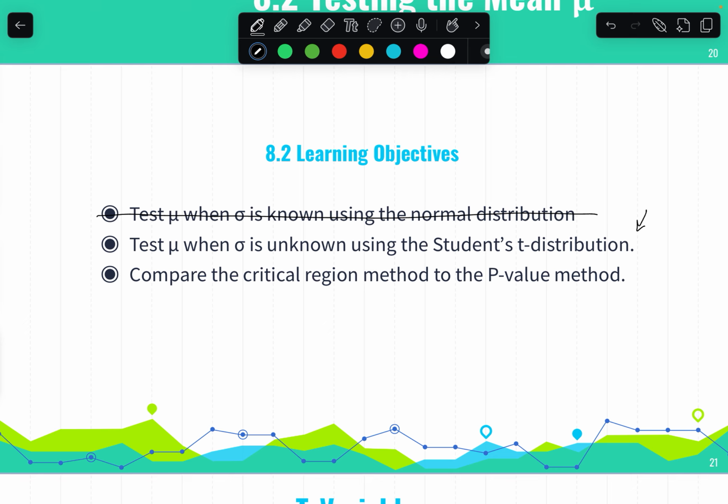Not sure if we're going to actually get into that too much in this section, but we will probably get into that at a different time. Just sort of doing the preview here. So don't worry too much about this critical region part either. We're really just focusing on that middle bullet point here.